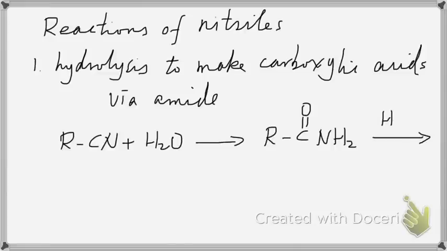Then the amide will be hydrolyzed further to a carboxylic acid. And this is also the reason why we classify cyanide compounds as carboxylic acid derivatives, because nitriles can be hydrolyzed to carboxylic acid.